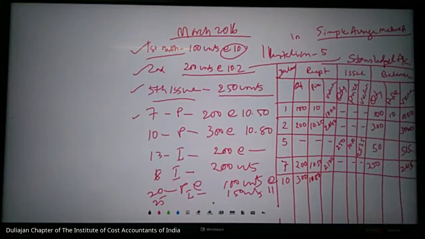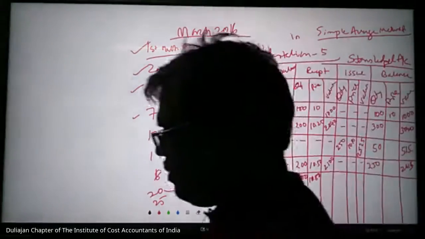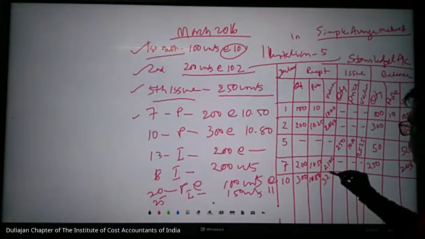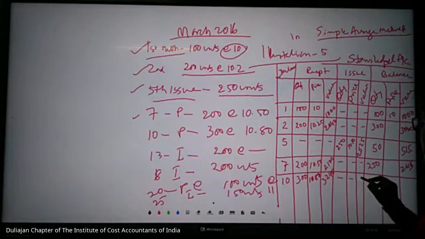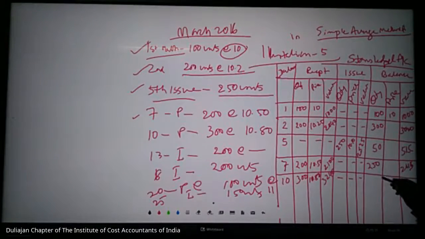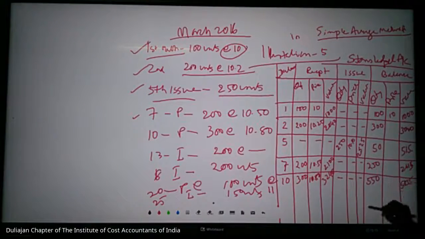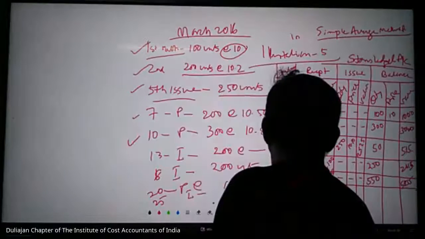So my procurement cost is 3240. 250 was there, I got 300, so it becomes 550. 2615 was there, I spent another 3240, both together 5855. Now 13 is the issue.